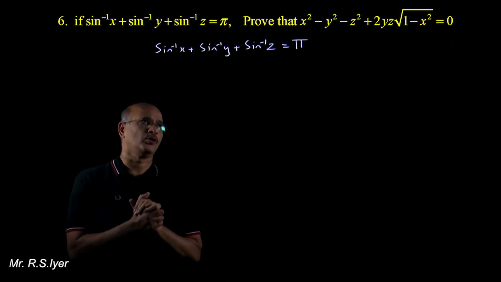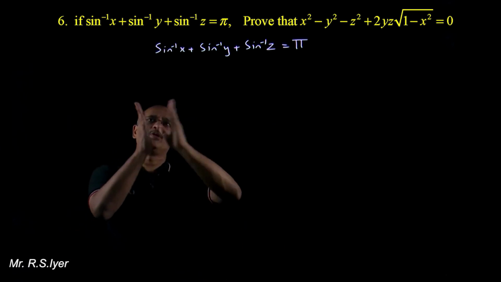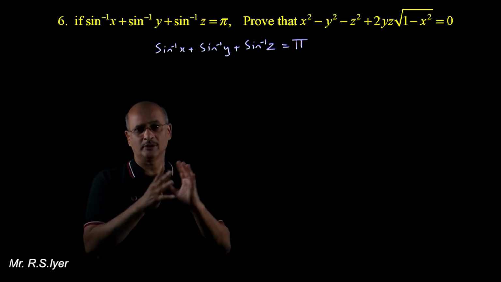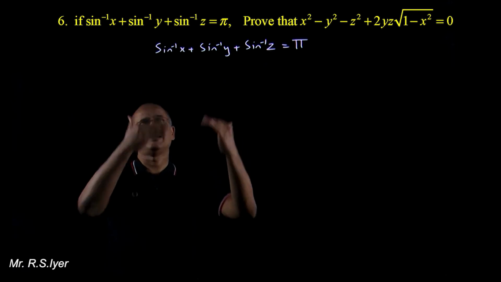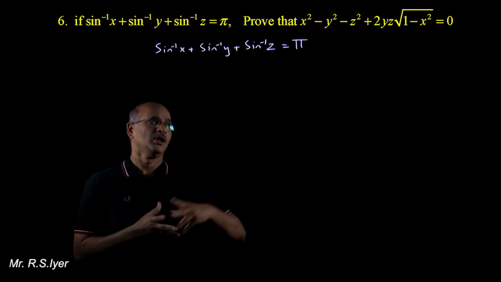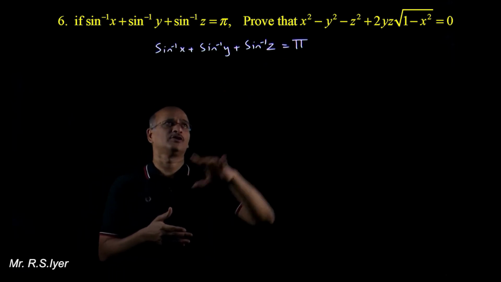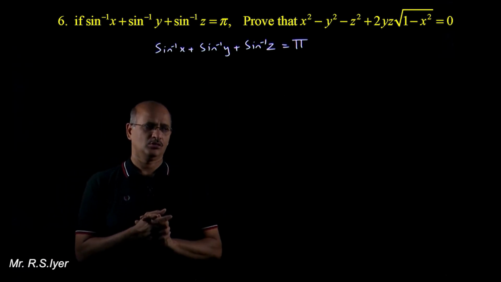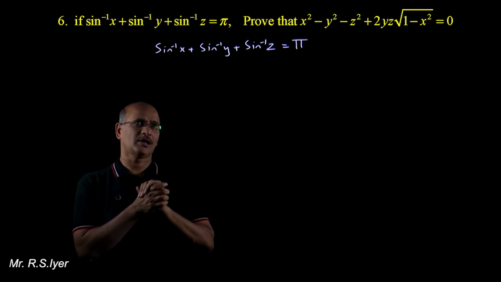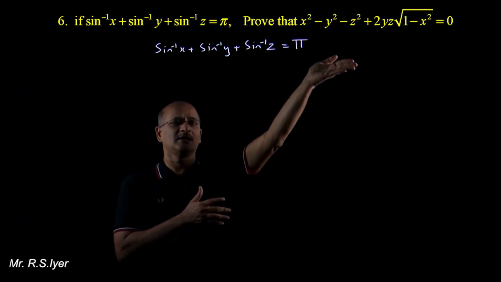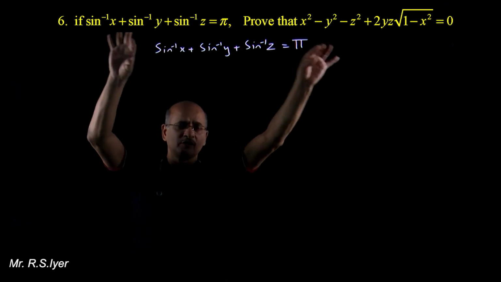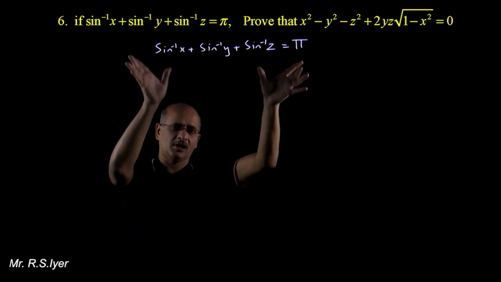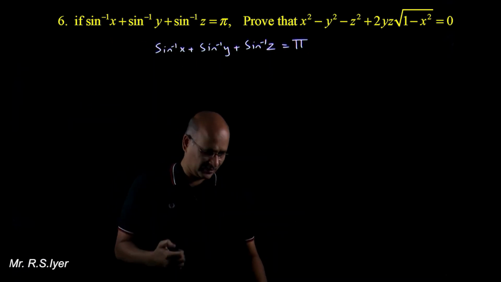So let us see what we can do. Now you do have some root options in sine inverse x plus sine inverse y. So there is no way that you convert into tan inverse and then go for that. But in the proof, if you see carefully, they have not mentioned anything about inverse ratios. So let us just focus, and what I would try to do is, I'll just take this sine inverse to that side, because it is already given to you. You need not prove this part. So you can simplify this, taking both at the same time, so it becomes simpler for us.